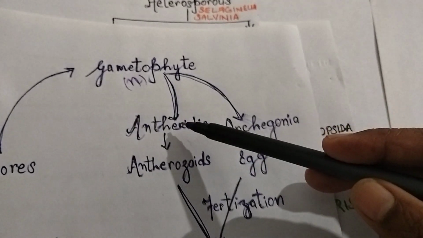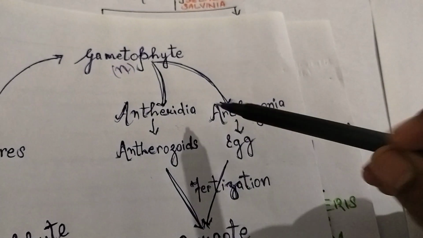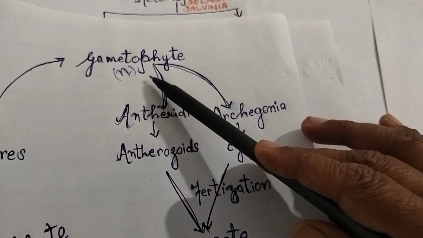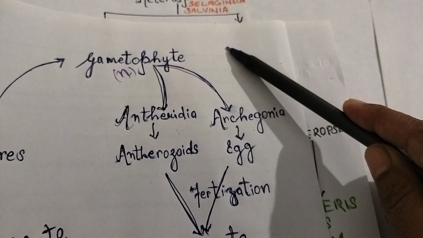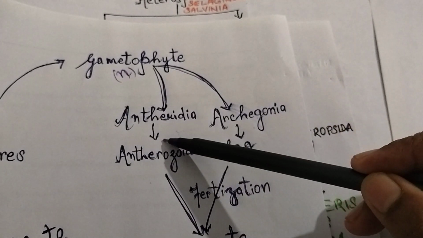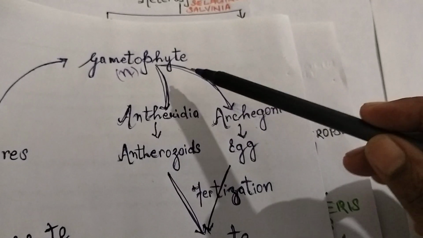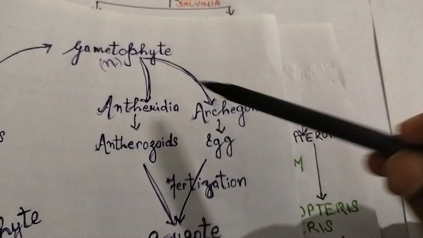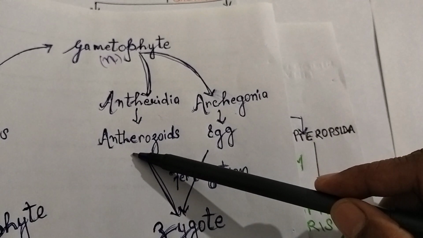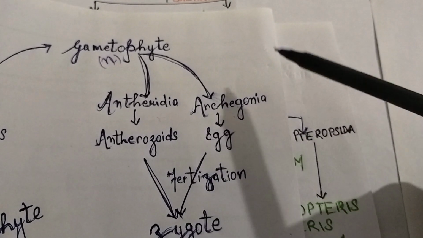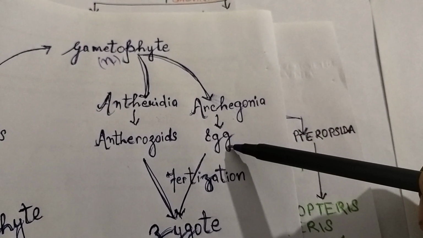The male gametophyte will have Antheridia, the female gametophyte will have Archegonia. Antheridia produce male gametes, that is antherozoites. Archegonia produce the female gamete, that is the egg.